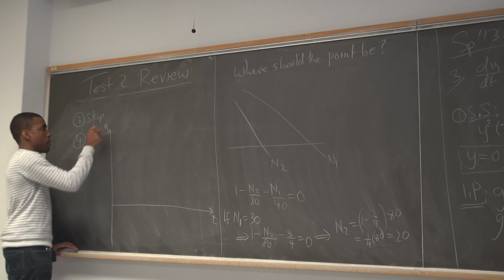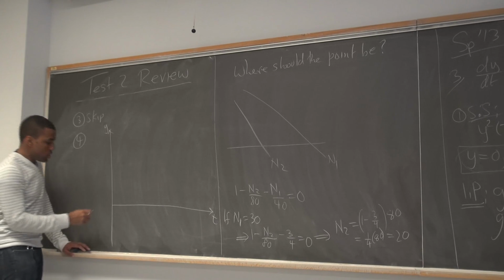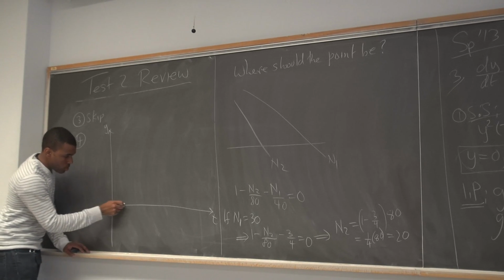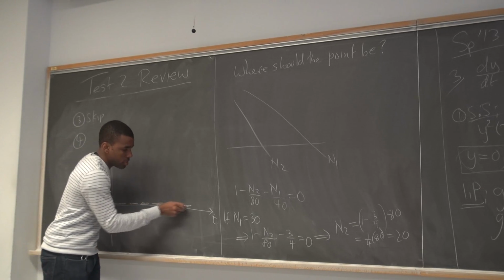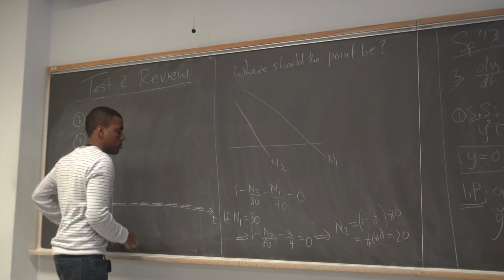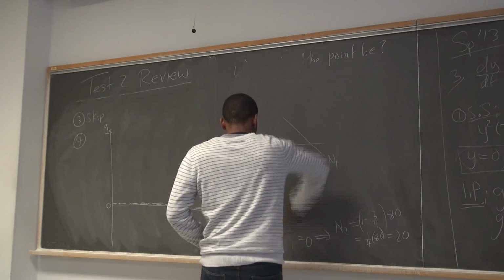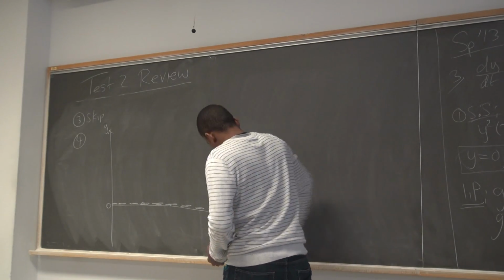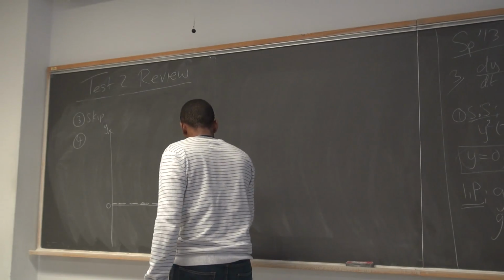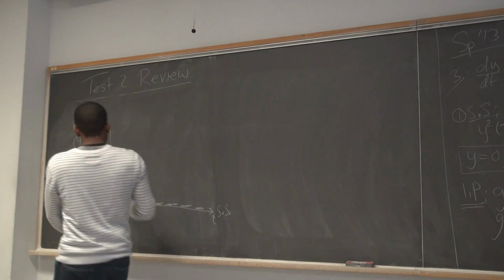Y versus t. So 0 is one of our steady states, right on the horizontal axis. Seven is the other steady state.